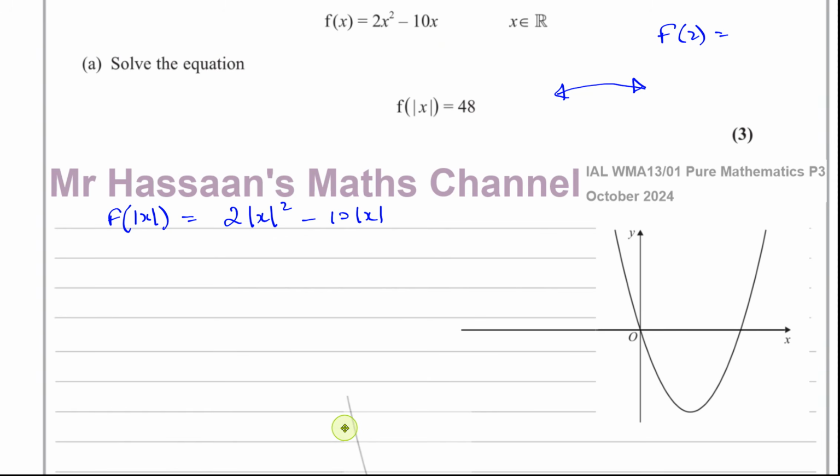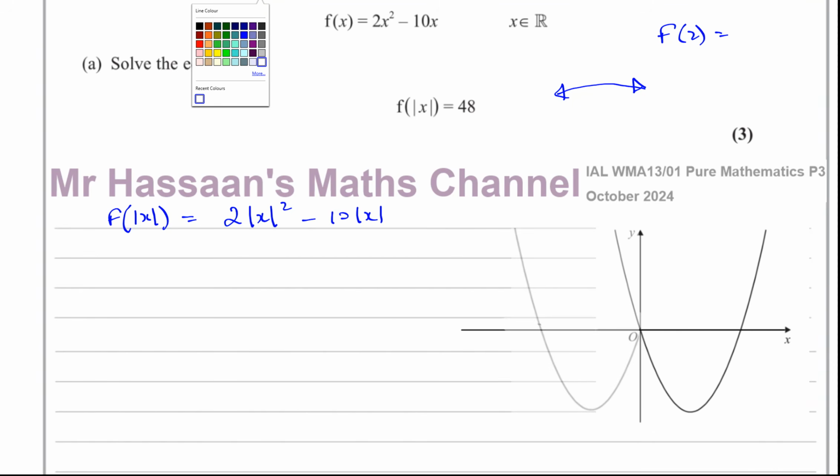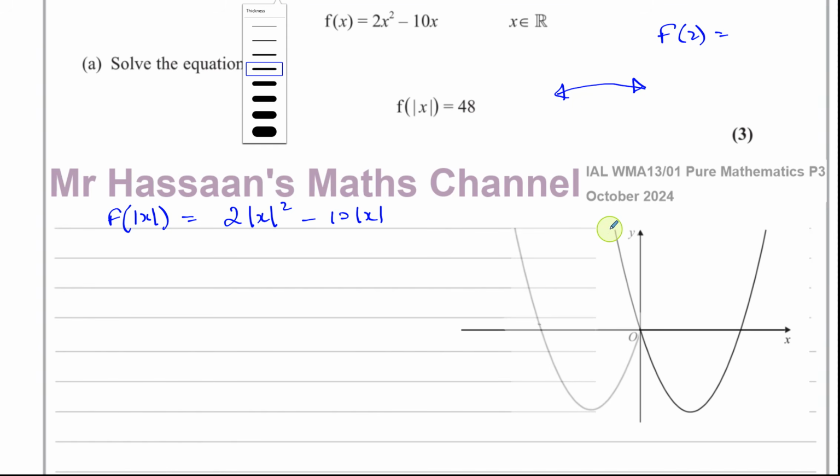Basically, you would reflect the positive side onto the negative side, so it looks something like this. But what was here before completely disappears. What was on the negative side is erased, and you just reflect the positive side onto the negative side. That's what this looks like.